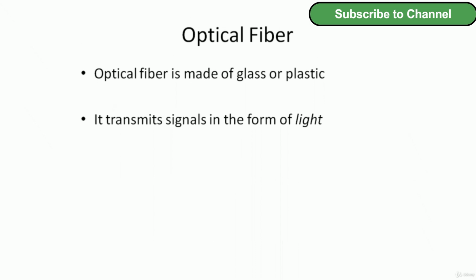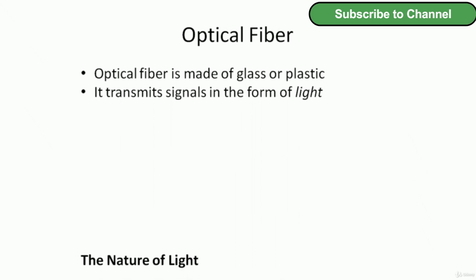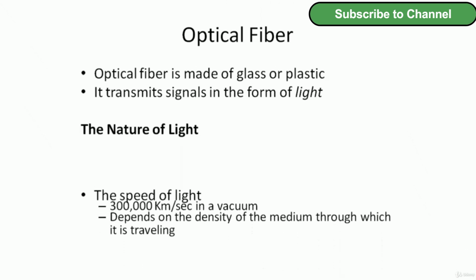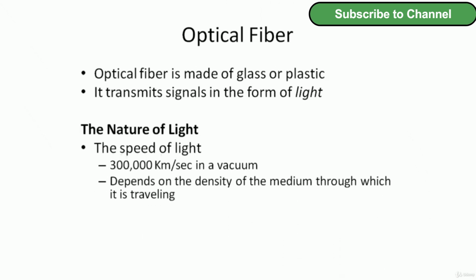It transmits the signal in the form of light. The nature of the light: the speed of light is 300,000 kilometers per second in a vacuum, and it depends on the density of the medium through which it is traveling.